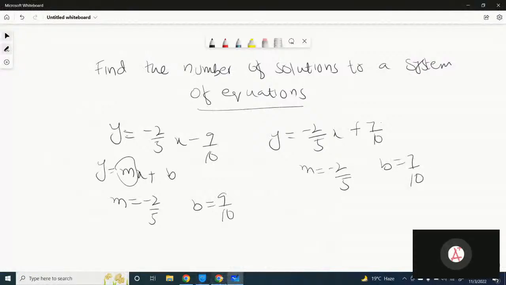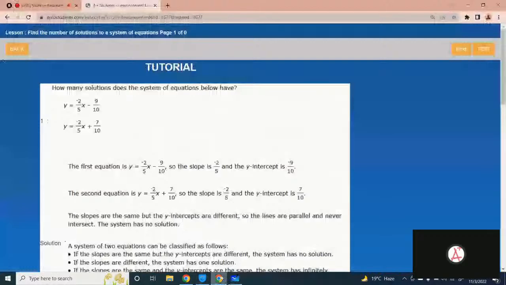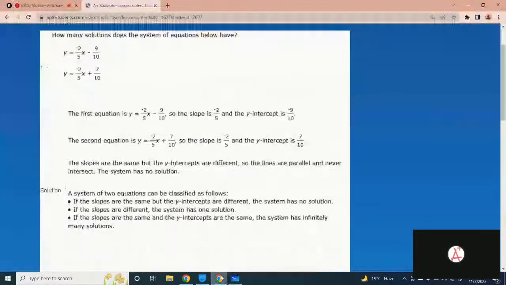Okay, now let's discuss the points. A system of two equations can be classified as follows. If the slopes are the same but the y-intercepts are different, the system has no solution. If the slopes are different, the system has one solution. If the slopes are the same and the y-intercepts are the same, the system has infinitely many solutions.